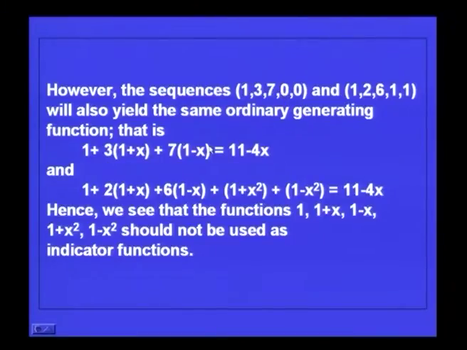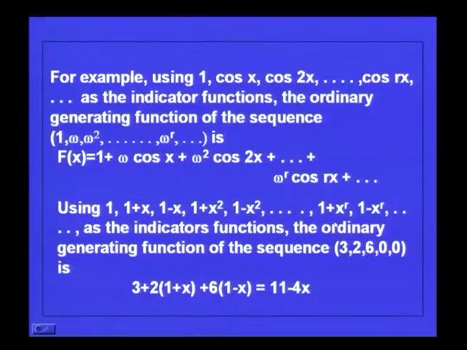Let us see what you will get here. 1 plus 3(1 plus x) plus 7(1 minus x). This reduces to 1 plus 3 plus 7, 11, and 3x minus 7x gives minus 4x. So the same 11 minus 4x you are getting, and it is representing this particular sequence as well as the earlier sequence.